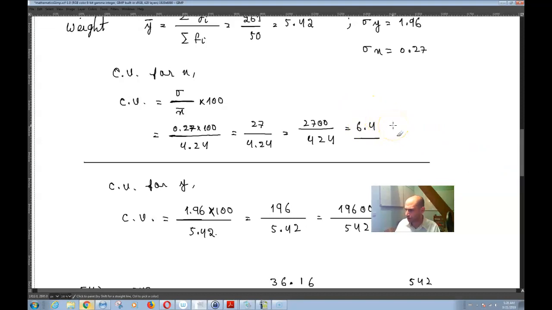So this seems to be right. This seems to be in accordance with the value that we have gotten in the book. I'm sorry, in the solution.